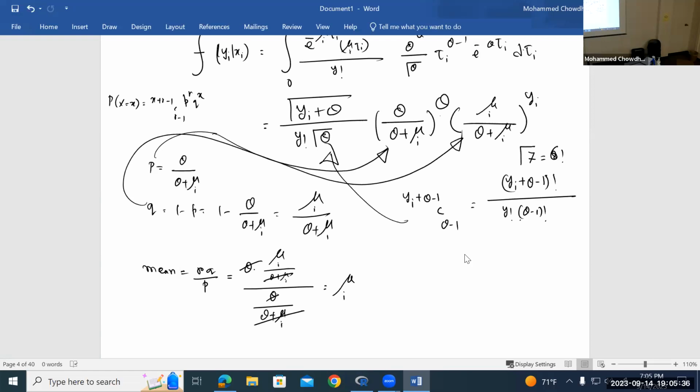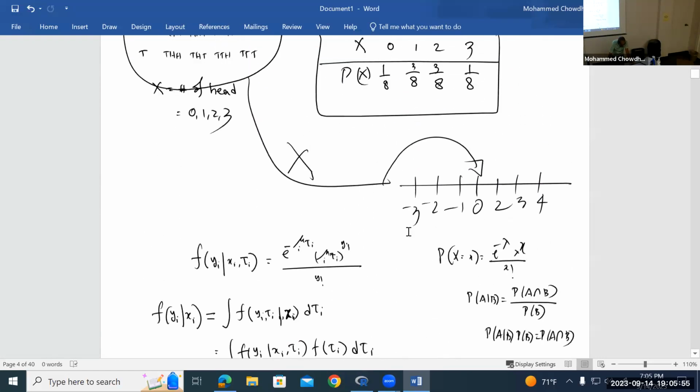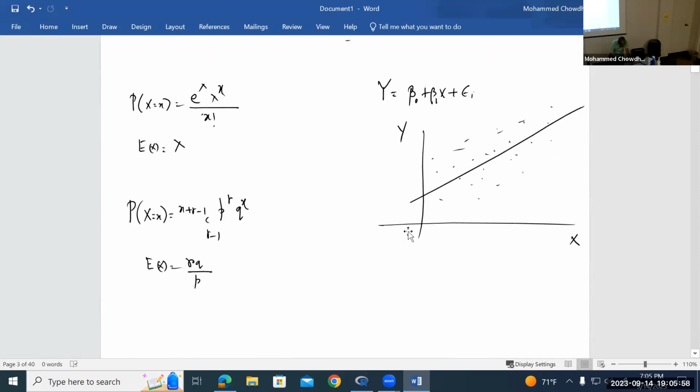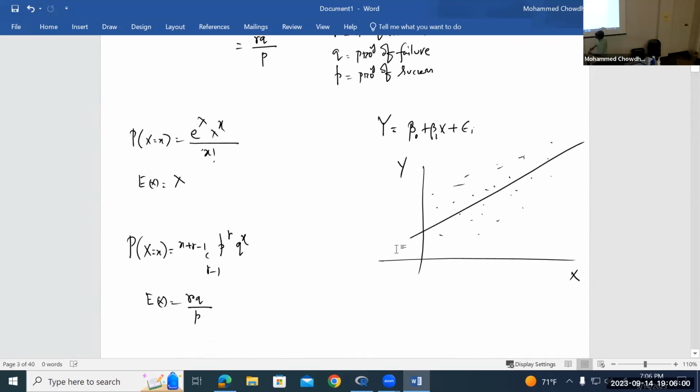Now the rest is just fitting the regression model. You have a question? So in all the talk for the last few minutes, we have a negative binomial distribution that does not have the mean, and all regression has a purpose, which is to fit an average line.